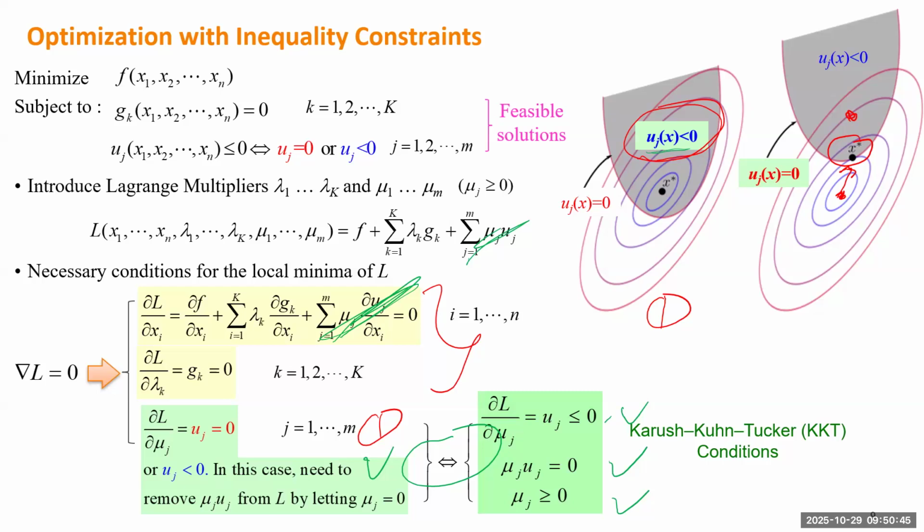So if we reach the yellow part problem, if that stationary point is inside the shadow area, don't worry about the green part. If that point is outside the shadow area, the boundary of the shadow area has to have a point which becomes the new solution. That's exactly what these KKT conditions are talking about.